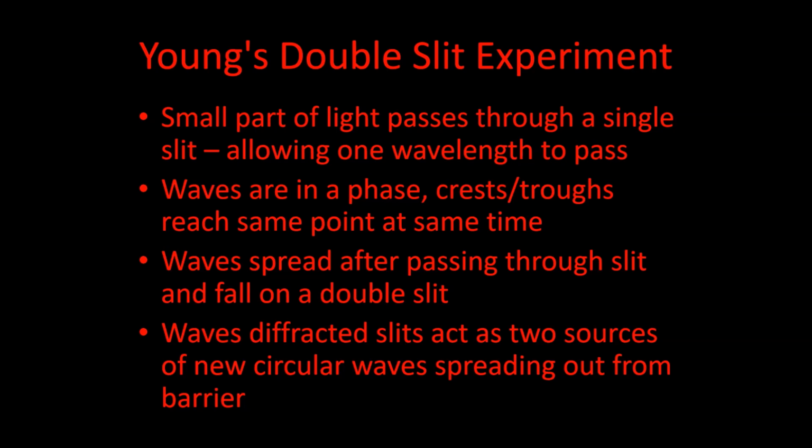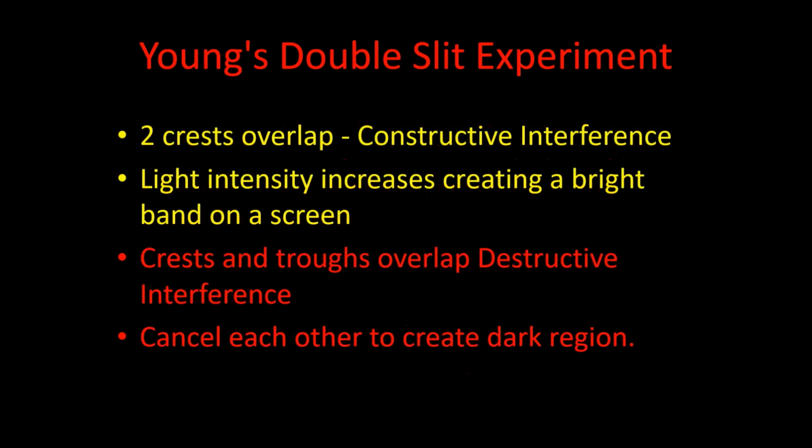Those circular waves spread out from the barrier, and they add or they subtract. Where two crests overlap, you get constructive interference, and the light intensity gives you a bright band on the screen. Where the crests and troughs overlap destructively, they give you a dark part of your interference pattern.